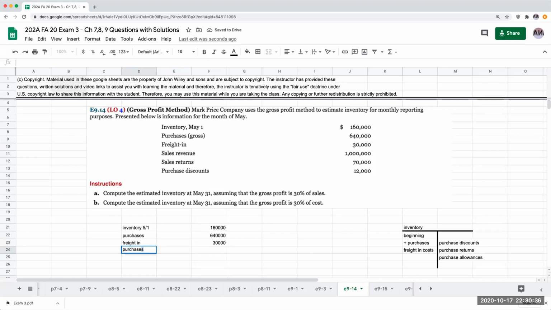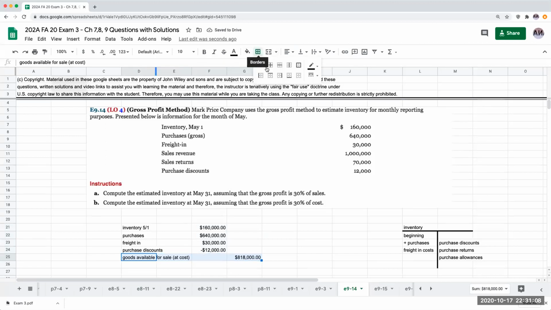And then I have my purchase discounts, which were $12,000, which reduce the carrying value of my inventory. So my goods available for sale at cost is going to be the sum of these values, or $818,000. So this is what I had available.